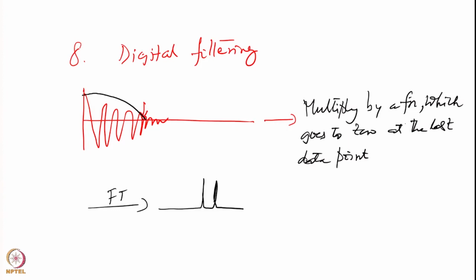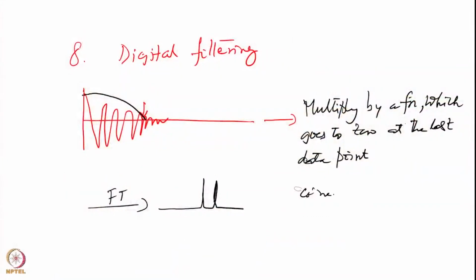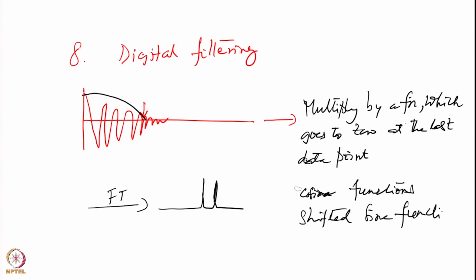There are many functions which one can use. You can use exponential functions, cosine functions, or shifted sine functions. We will not discuss all of these, but depending upon the optimization, one can choose different kinds of functions depending upon the number of data points you have.